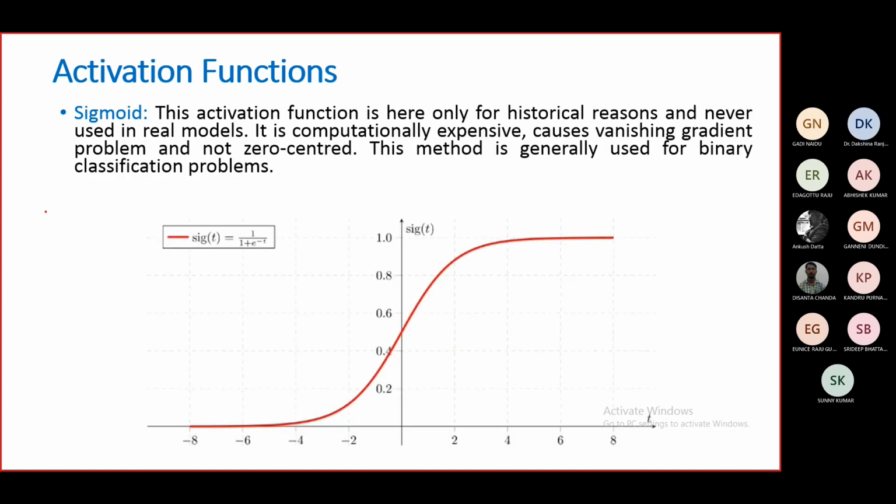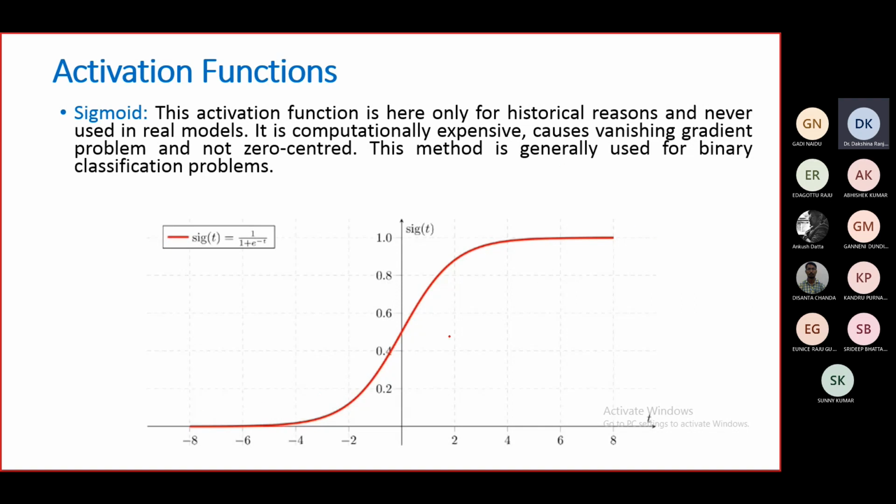So the first activation function that we will talk about is the sigmoid function. Now, what is the sigmoid function? Sigmoid functions look like an S shape. The shape of this sigmoid function or logistic function is an S shape.